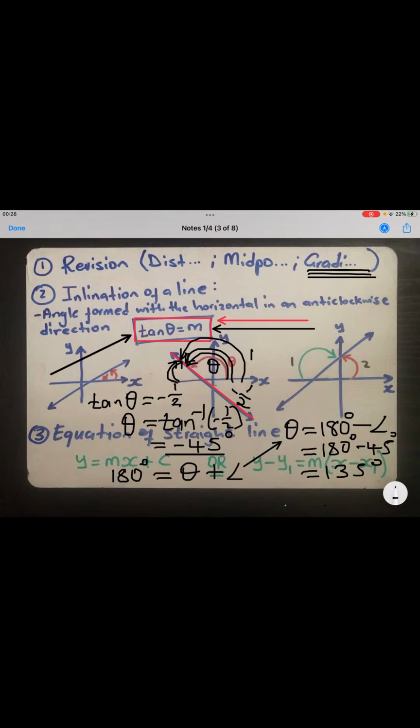I hope that makes some sense. So that's all that you need to be aware of regarding calculations involving angle of inclination and a line of inclination. So I think I will just leave it there, and let's try to check on my last slide in terms of what we've got there.